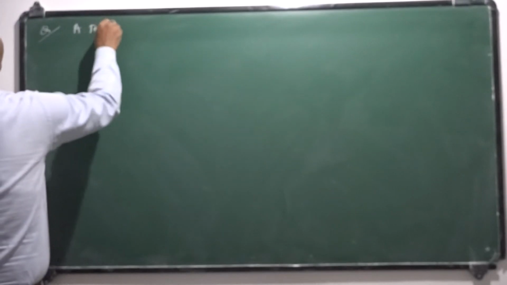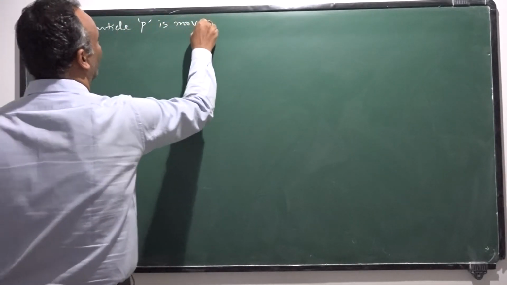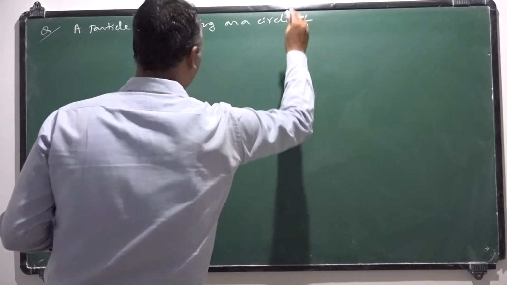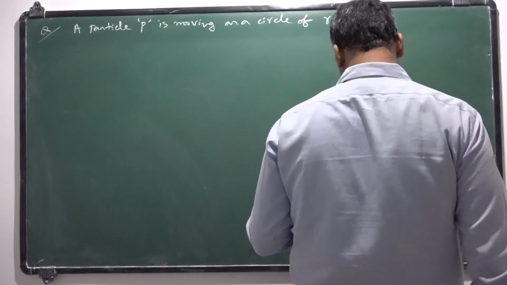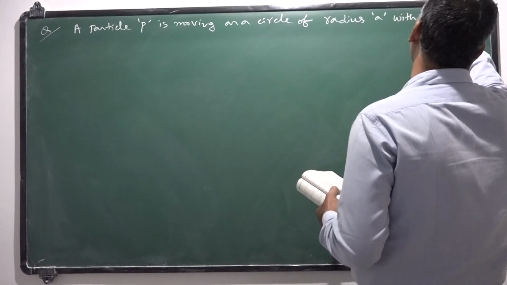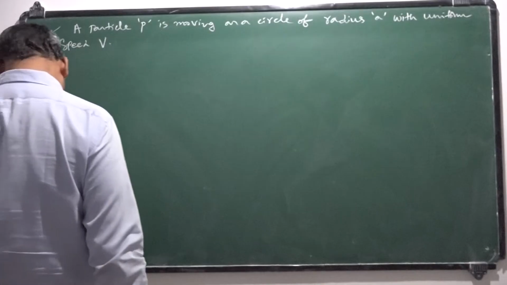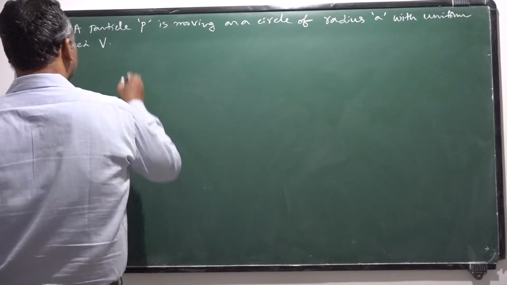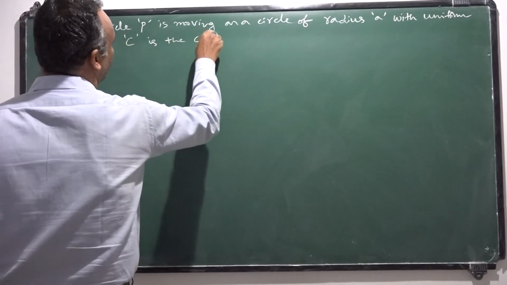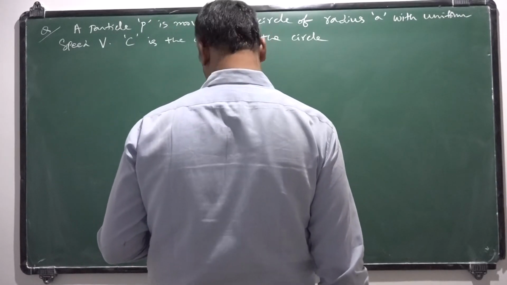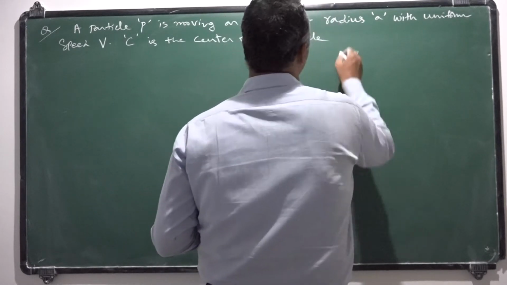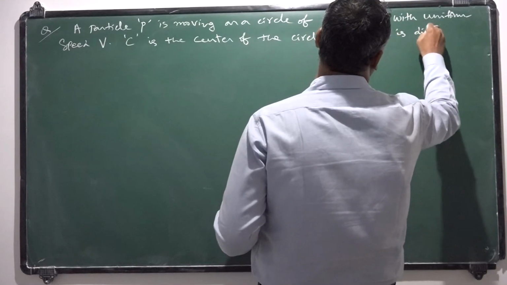As per the question, a particle P is moving on a circle of radius A with uniform speed V. C is the center of the circle and AB is a diameter.